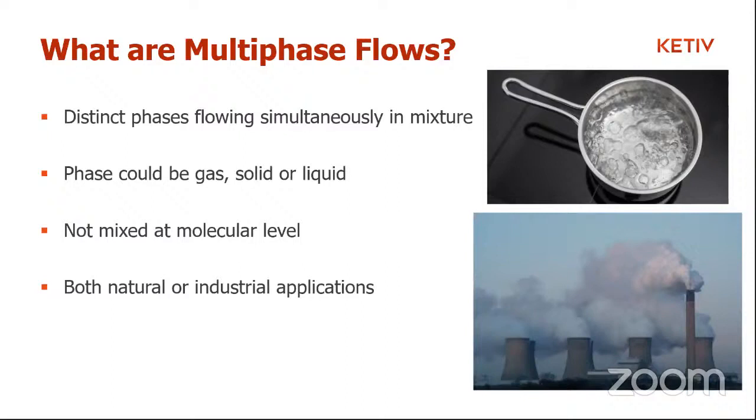When I say distinct phases, what I basically mean is that they're not mixed at the molecular level. Once they're mixed at the molecular level, they become multi-species. So for them to be classified as multi-phase flows, you need to have distinct separate phases, right? They could be gases, solids, or liquids, the individual phases. They could be a mixture of all three.